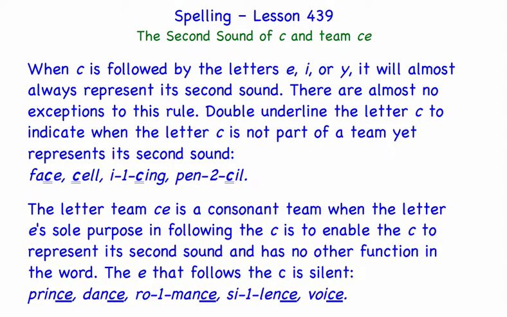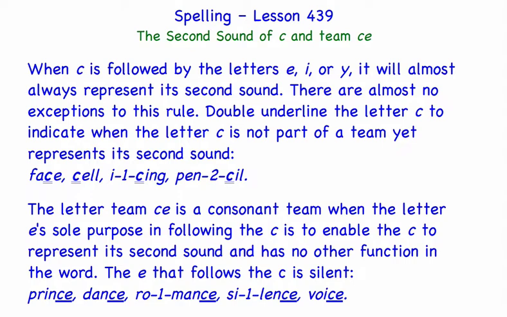sound. In face, we have C followed by the letter E, so we double underline C. In the word sell, we have C at the beginning of the word, followed by the letter E. So we double underline C in that word as well.